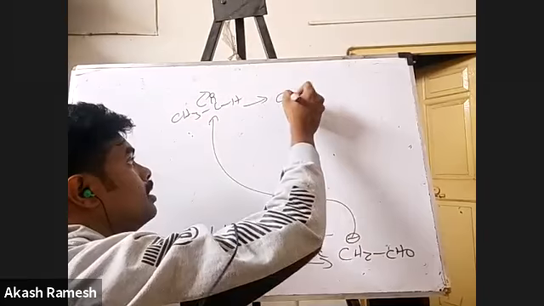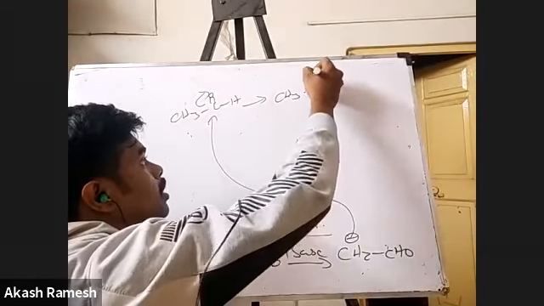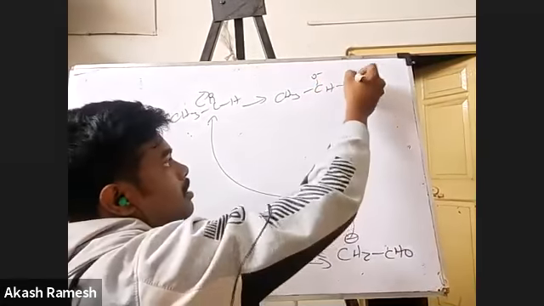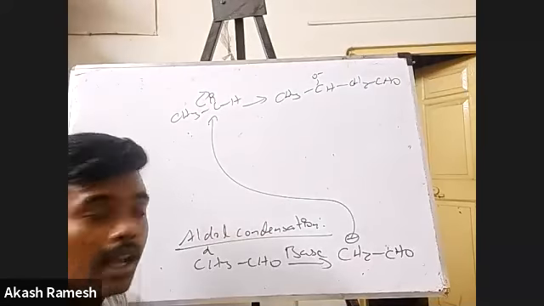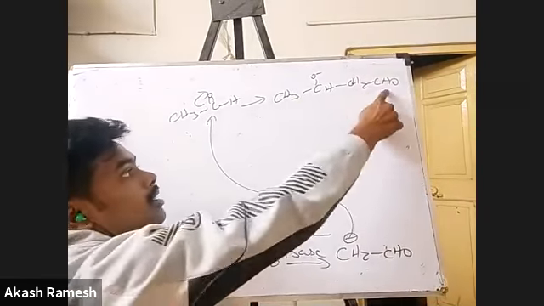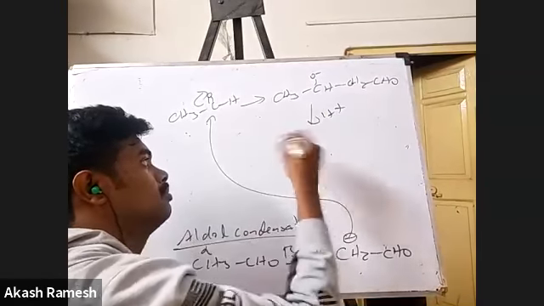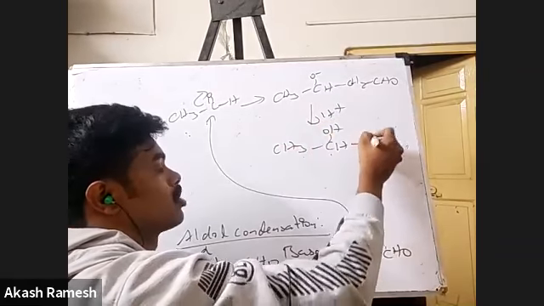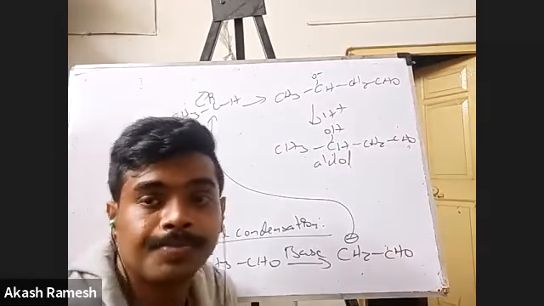So we'll form CH3, CH, CO minus H, and this carbon is attached to this carbon, CH2CHO. Right. This is my aldol reaction, with aldehyde and alcohol. Obviously, this has to accept a H plus to form CH3CHOHCH2CHO. This is my aldol product.